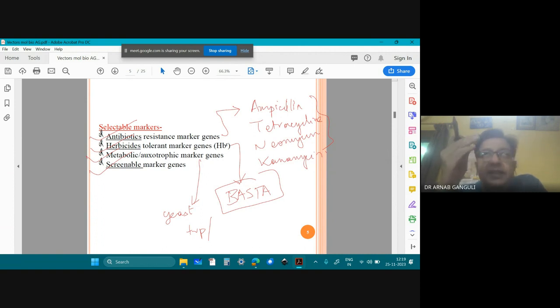So in order to have this amino acid, the cell needs to make tryptophan. If the genes required for making tryptophan are not present in the plasmid, it won't be able to grow in a medium without tryptophan. To survive in a medium minus tryptophan, it needs the genes which make tryptophan. And you have screenable marker genes like blue-white selection.